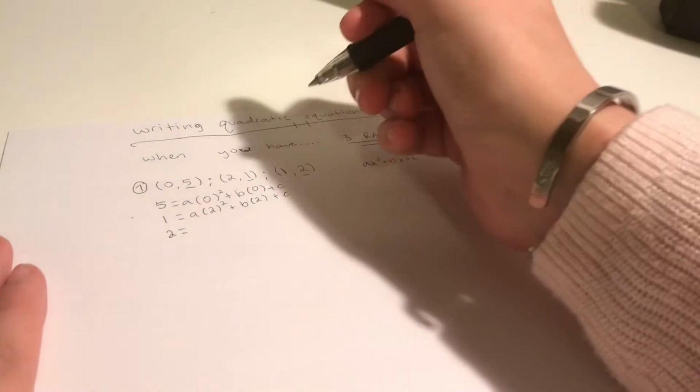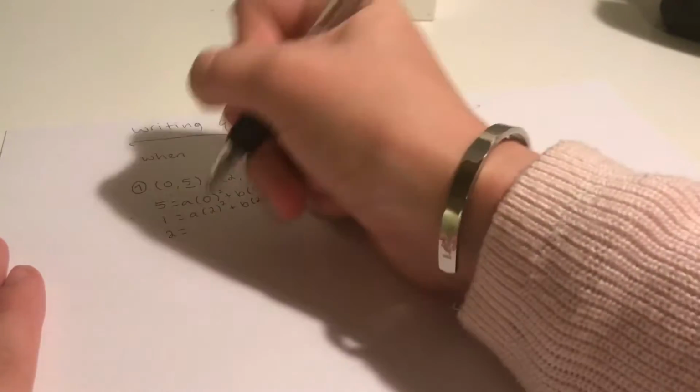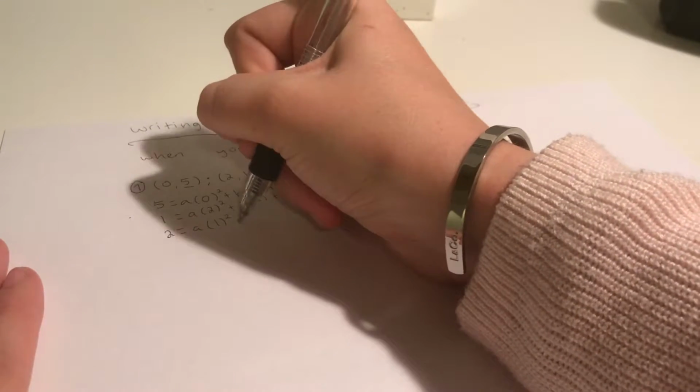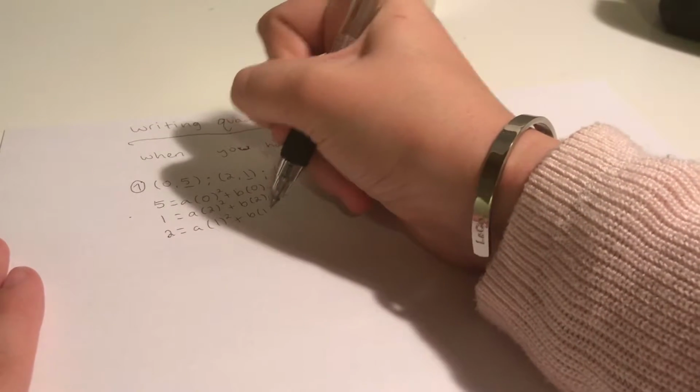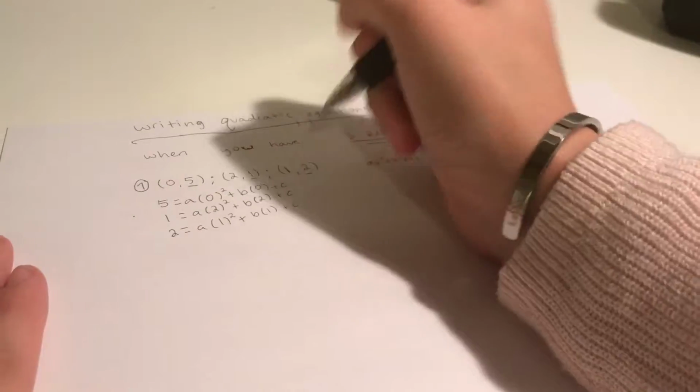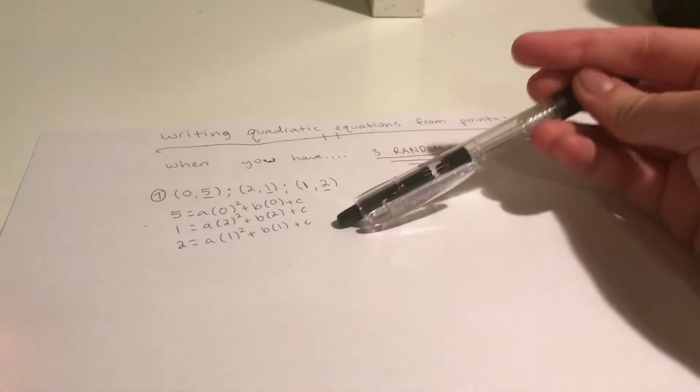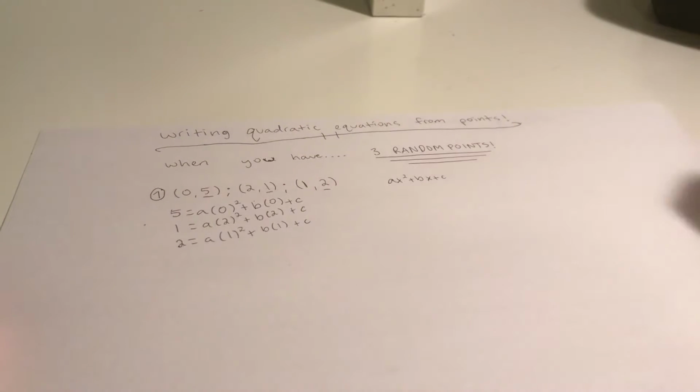For the last one, you write a, plug in 1 squared, plus b, plug in 1, plus c. Okay, and now you have all 3 of your equations.